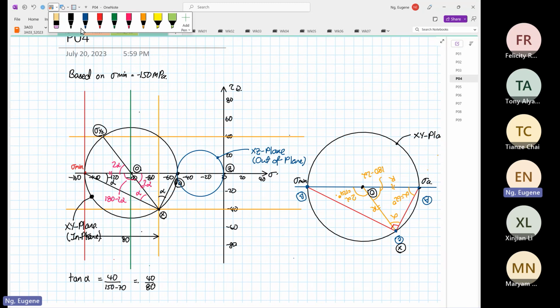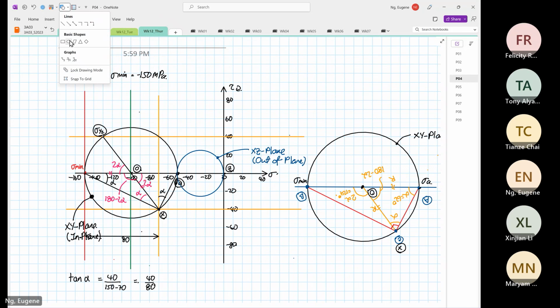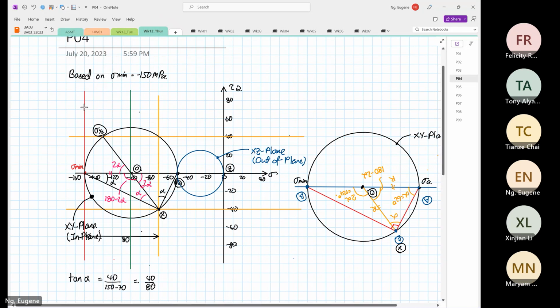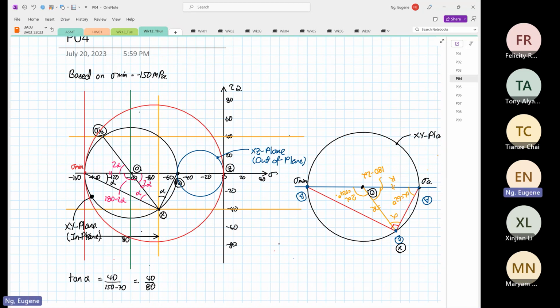To satisfy the condition. Right? So this is the largest radius. So over here, this is for your YZ plane. And it is the out of plane.